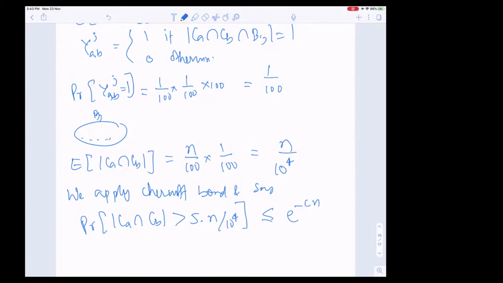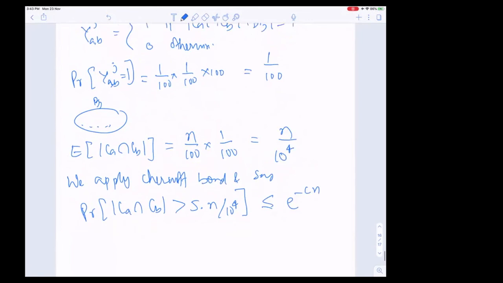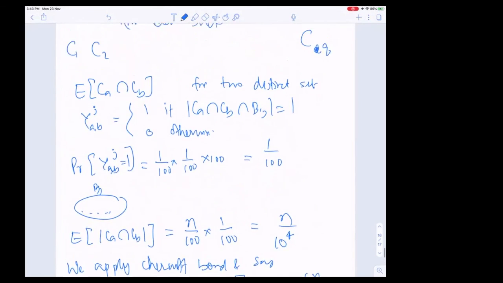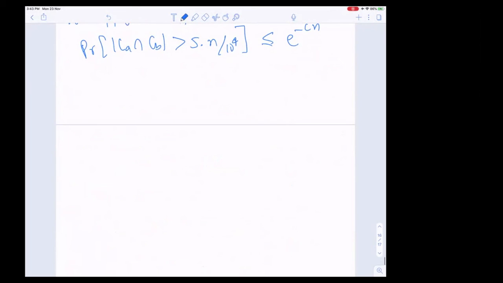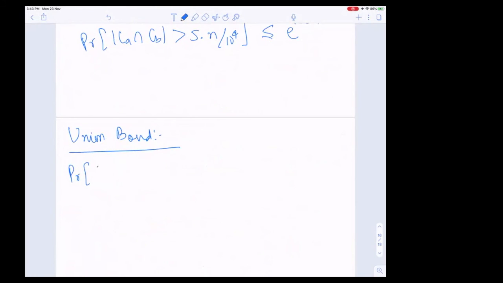So this is all good, but now I would like to apply the union bound and show the probability that there exist a, b in 1 to Q such that Ca intersection Cb is greater than 5 times n over 10 to the power 4.